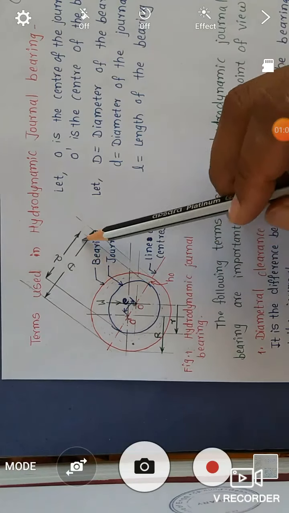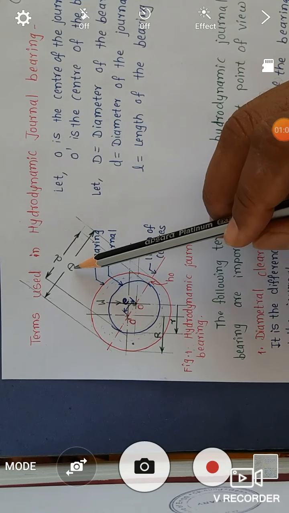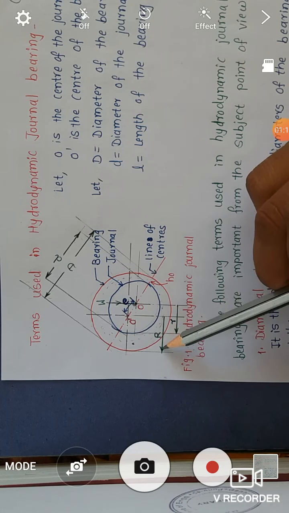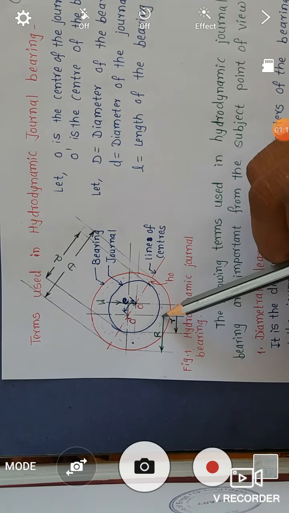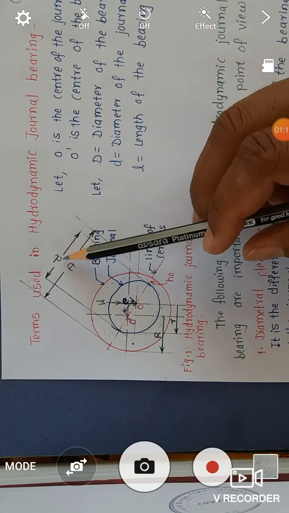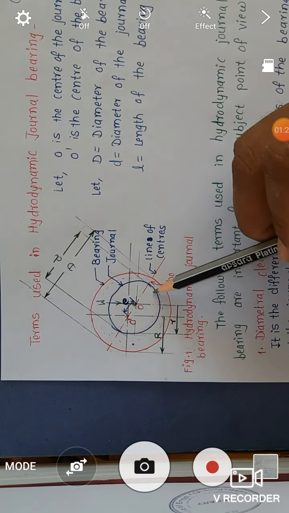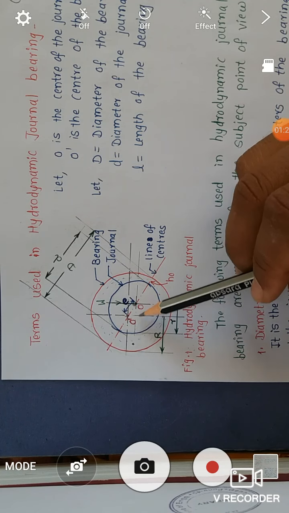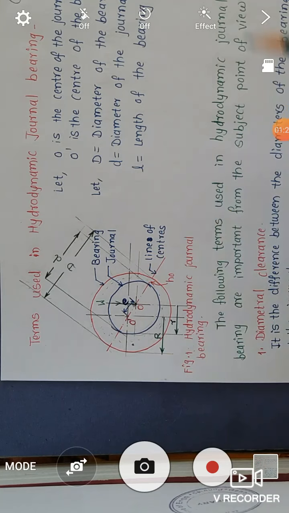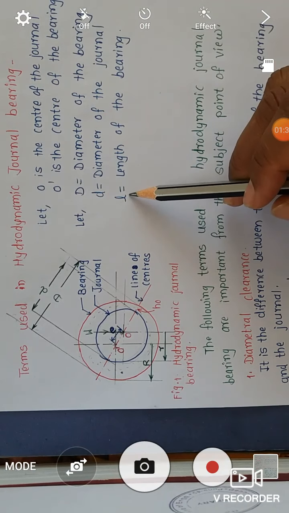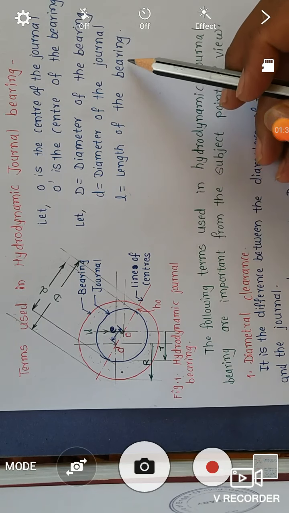Here capital D is used for the diameter of the bearing, and capital R is the radius of the bearing. Small d is used for the diameter of the journal, and small r represents the radius of the journal. Now, the symbol L is for the length of the bearing.